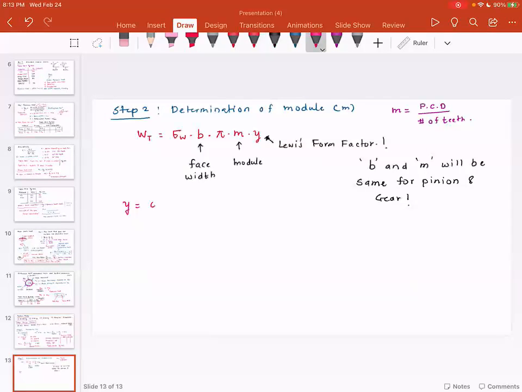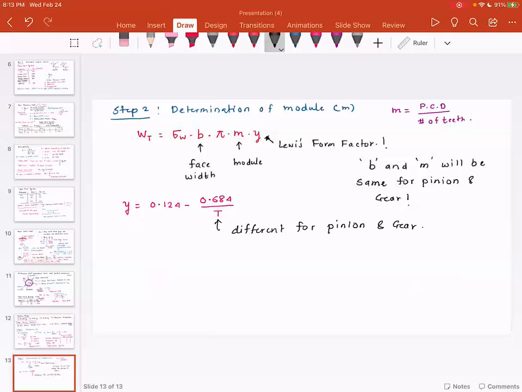Just to give an idea, for a 14 and a half composite involute, y is 0.124 minus 0.684 divided by t. So this t is going to be different for pinion and gear.